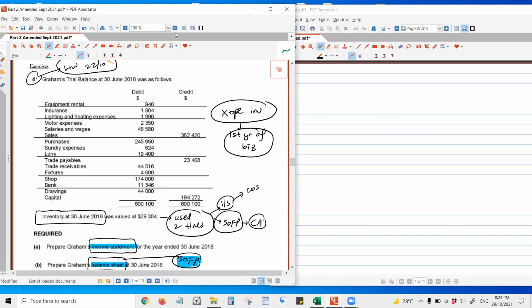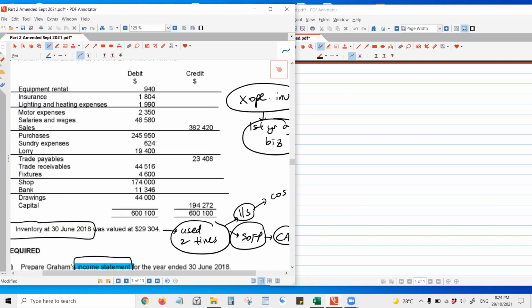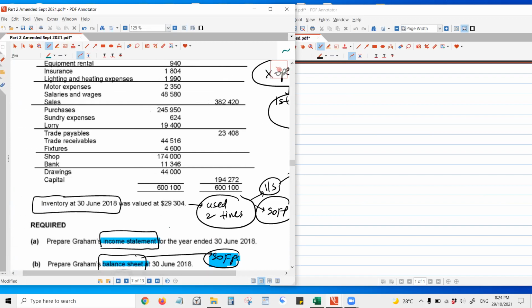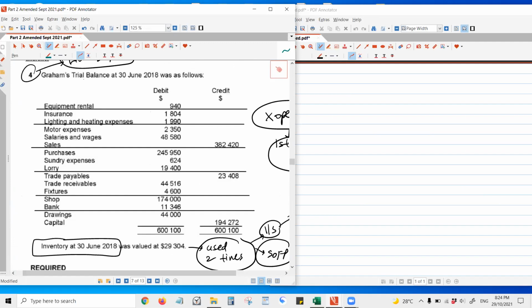Okay, let's do the classification. Some items here go into the income statement. Some items here go into the SOFP, right? So you have to know the formatting very well, then you would do the classification correctly. First one, equipment rental. Equipment is an NCA, but when you have the word rental behind, it means that you are paying rent.